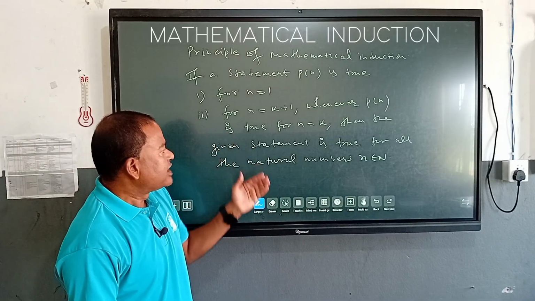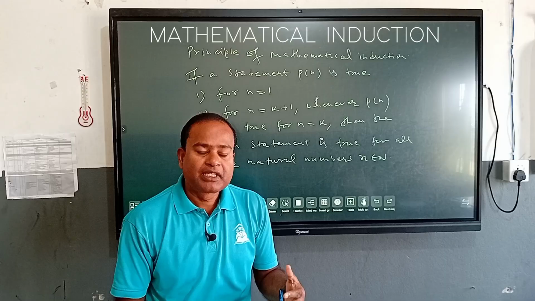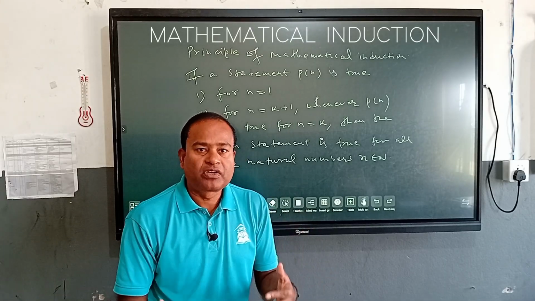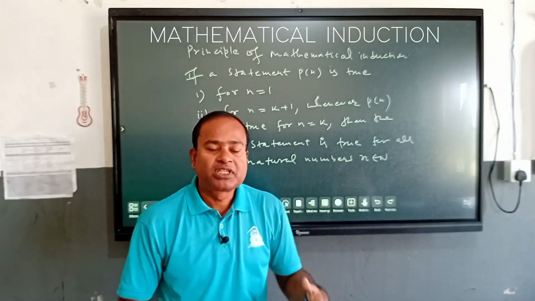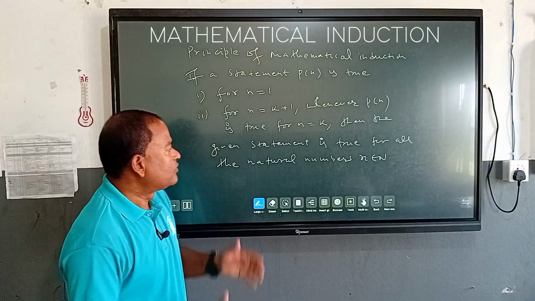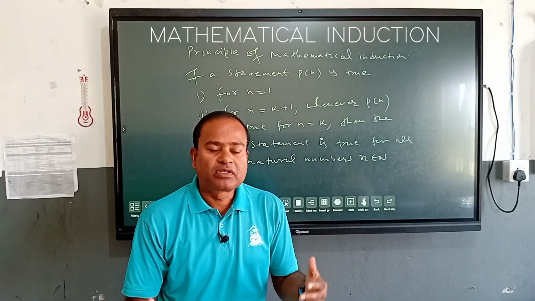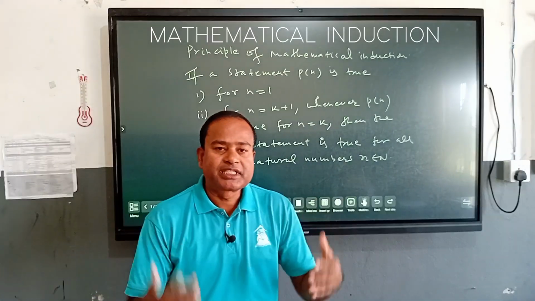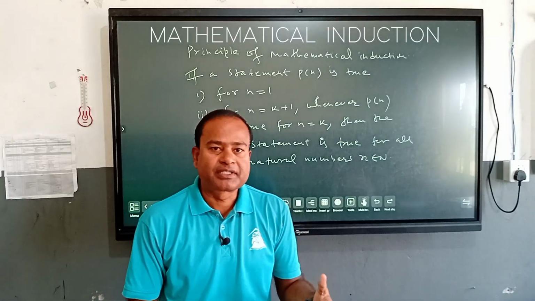Then we assume that the given statement is true for n equals k, and after assuming that, we prove that the given statement is true for n equals k plus 1. Then we conclude that the given statement is true for all the natural numbers n belongs to N. So this is called the principle of mathematical induction.